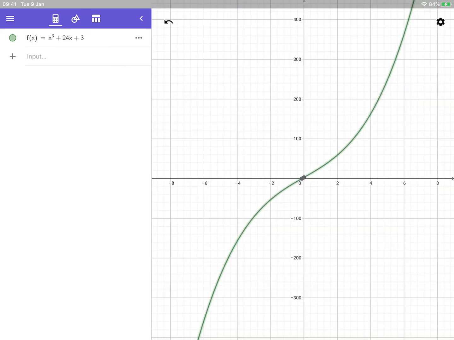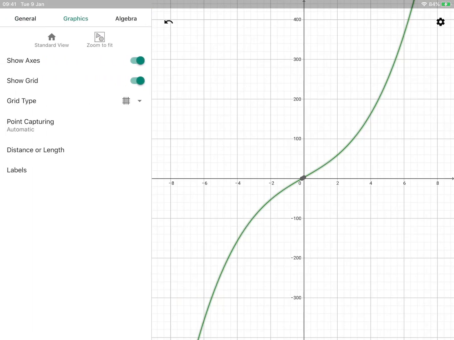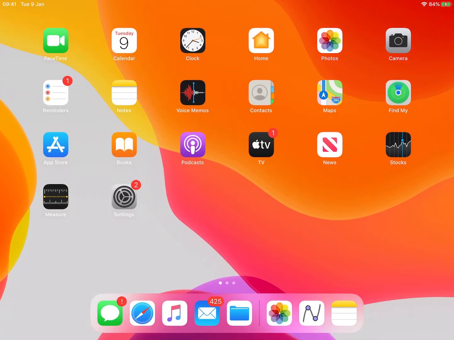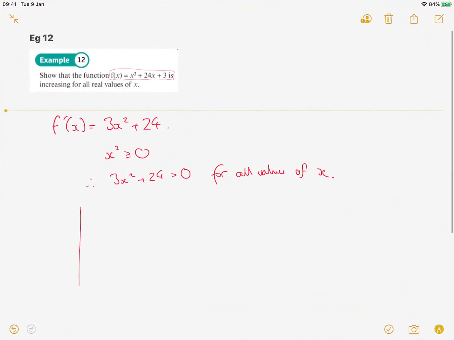And you can see now it looks a lot more like a cubic graph.